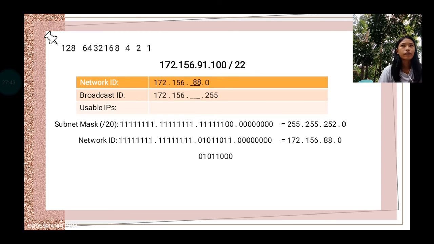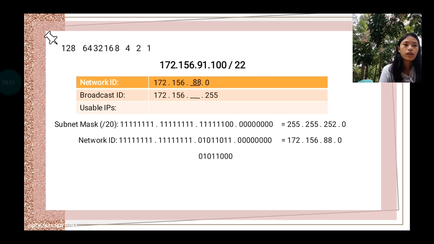As we did earlier, we determine the last bit in our network ID, which is the 8. The 0 is allocated for 128, 1 is allocated for 64, 0 is for 32, 1 is for 16, and the last 1 bit is for 8.